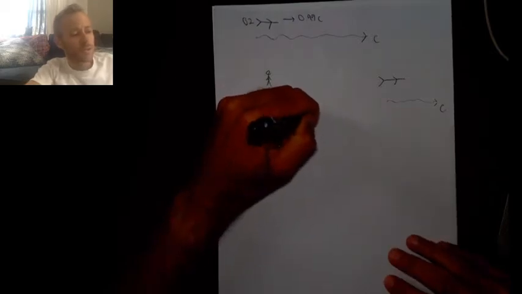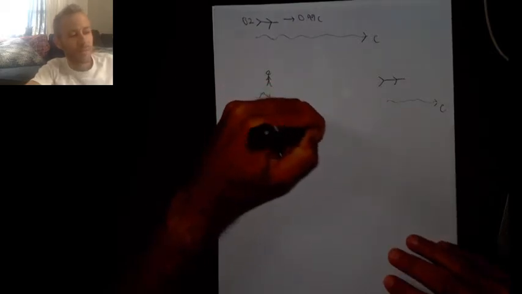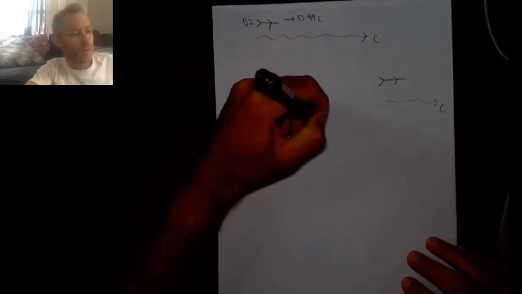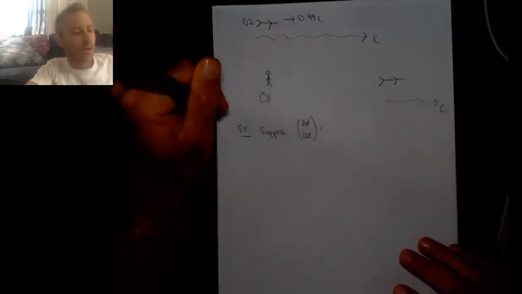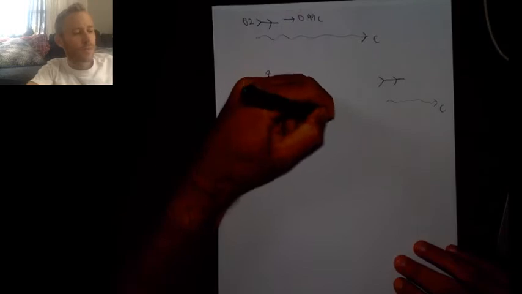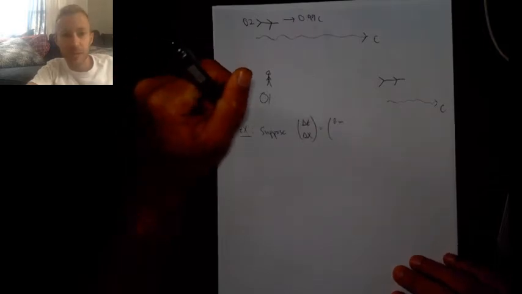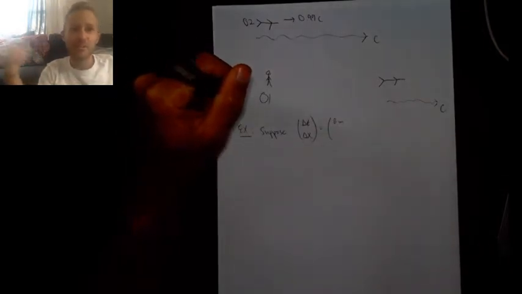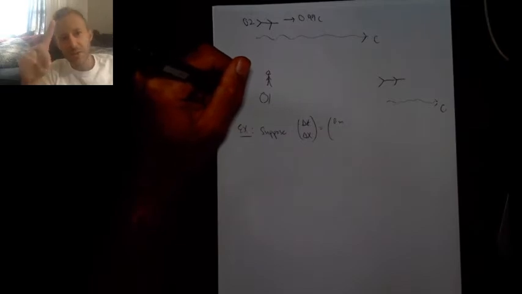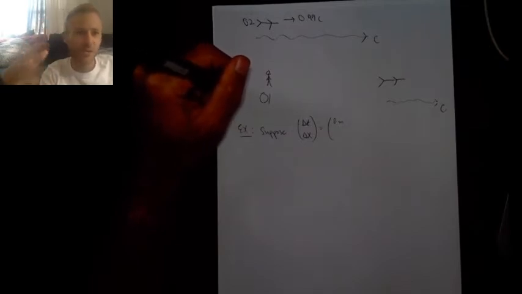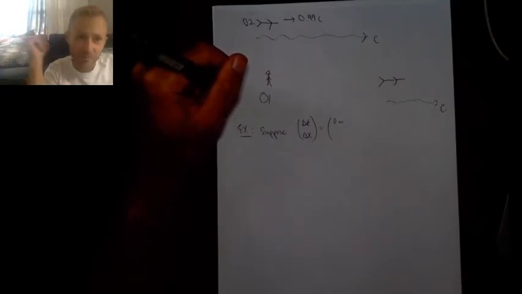Suppose that delta t and delta x in one frame are, let's say, 8 meters of time separation. Again, the speed of light is 1, and the only way the speed of light can be 1 is if we measure time in meters.